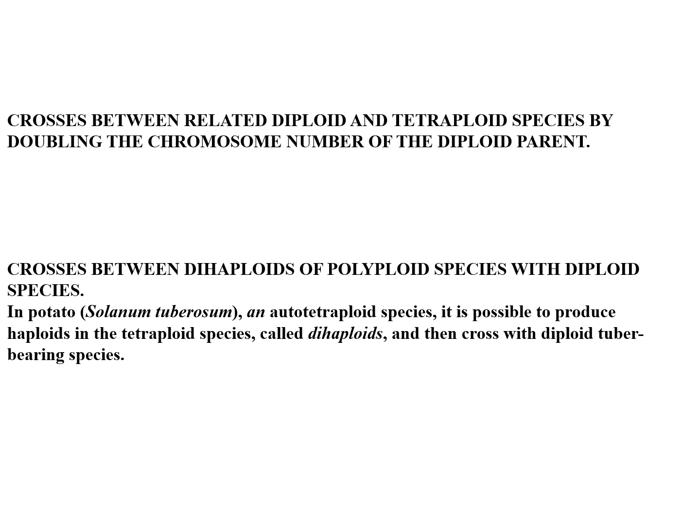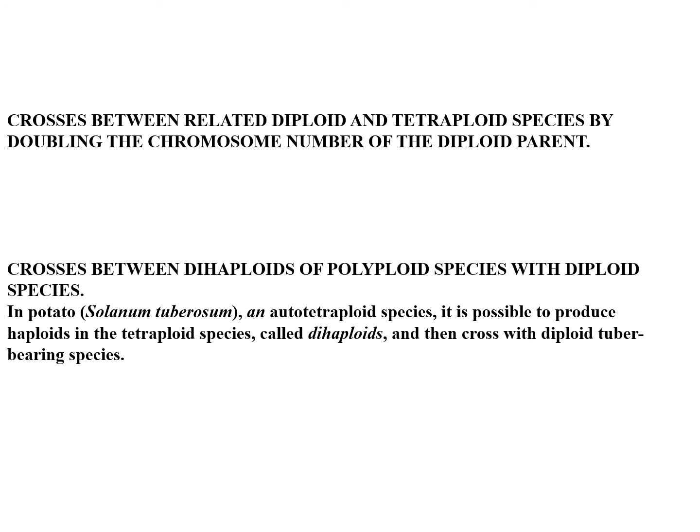So either we double the genome of the diploid and cross to the tetraploid, or we produce a dihaploid from the tetraploid and cross it with the diploid, transfer the gene, and then double the chromosomes of the F1 again, and produce tetraploid cultivated plants.